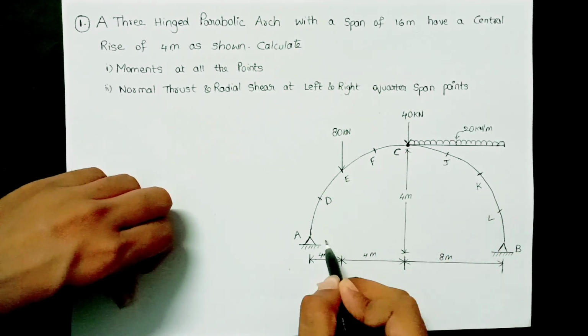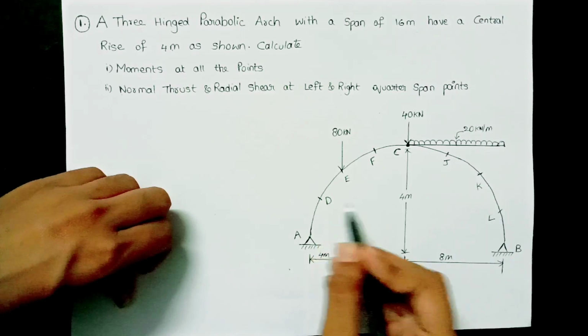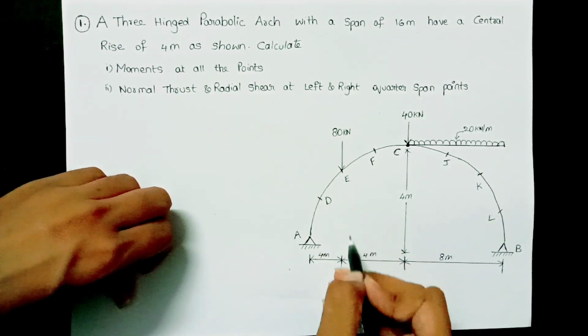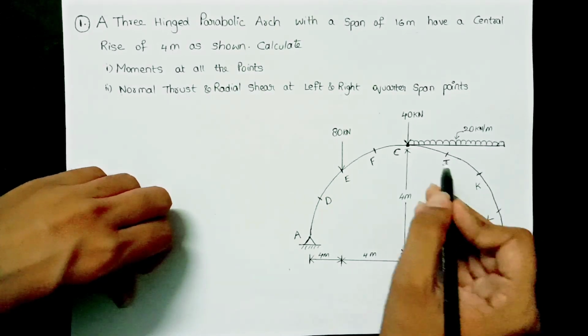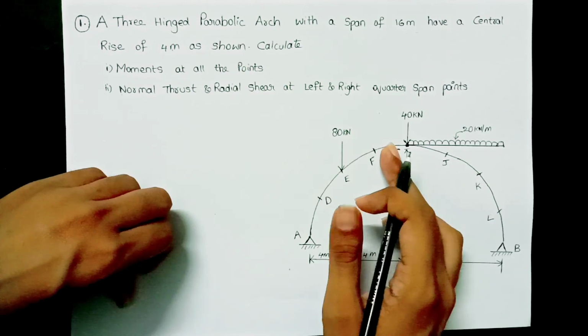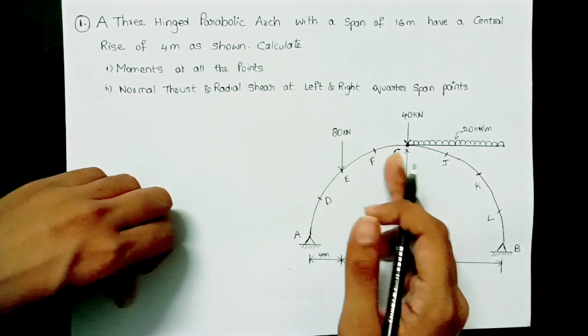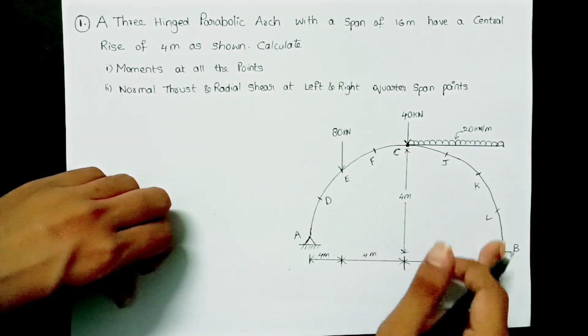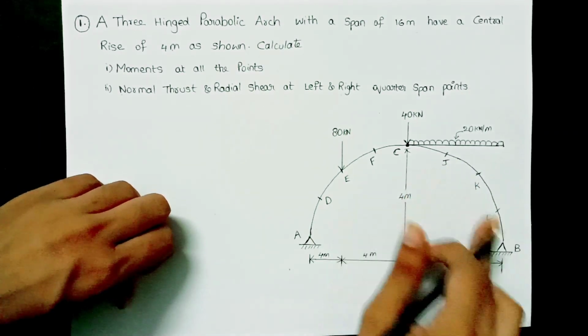So the rise at D will be equal to the rise at L, the rise at E equal to the rise at K, and the rise at J equal to the rise at F. So we will calculate the rises at the left half span, and we will apply the same rises to the right half span.